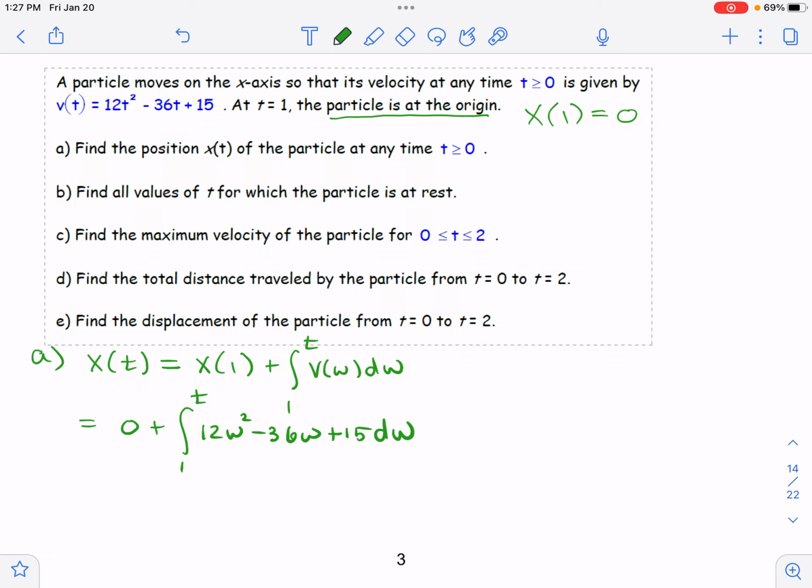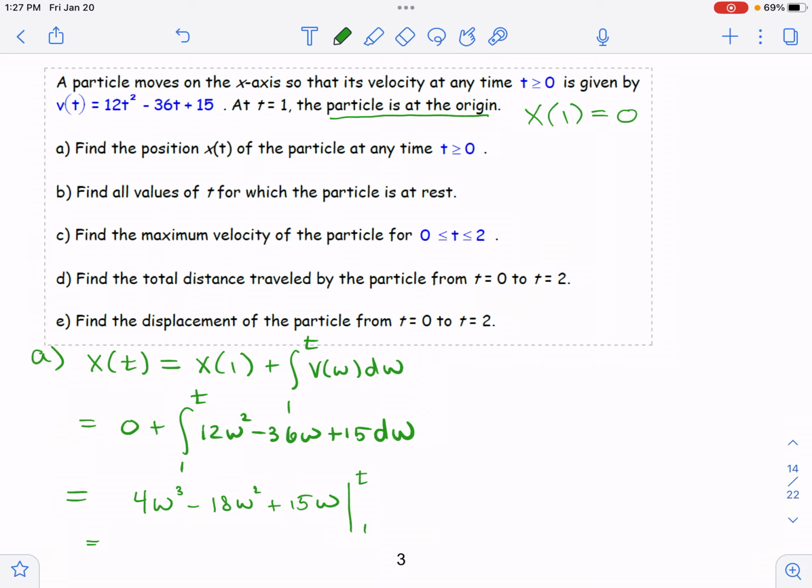I think the intent of this problem, given the nature of this velocity function, is to get a closed form. And since I know the antiderivative of what's inside here, I'm going to do that. So the antiderivative of 12w squared would be 4w cubed minus 18w squared plus 15w, and we're going to evaluate that from 1 to t.